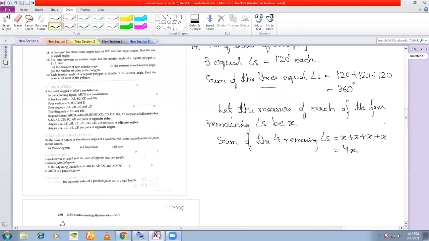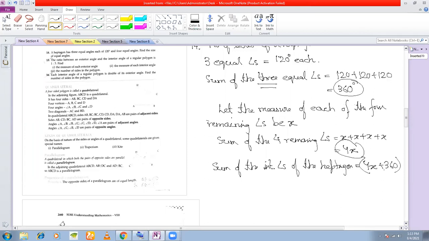So what is the sum of the interior angles here? Sum of the 3 angles plus sum of the 4 angles, right? 4x, sum of the 4 angles, and you have the sum of the 3 angles. So you've got the sum of the interior angles.